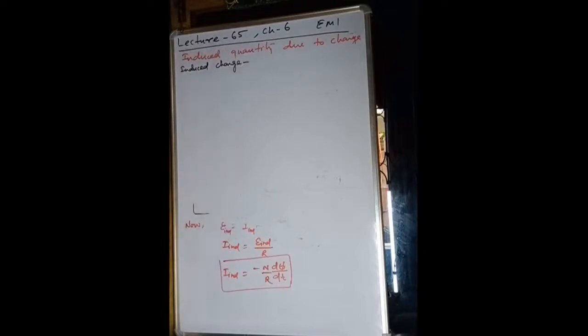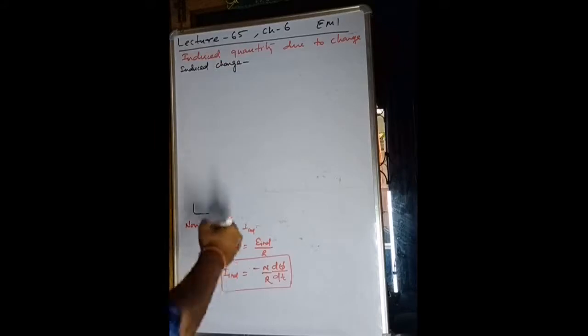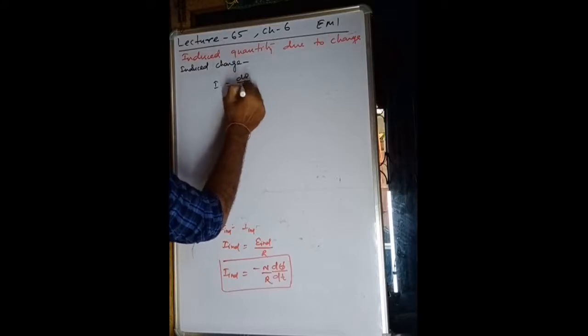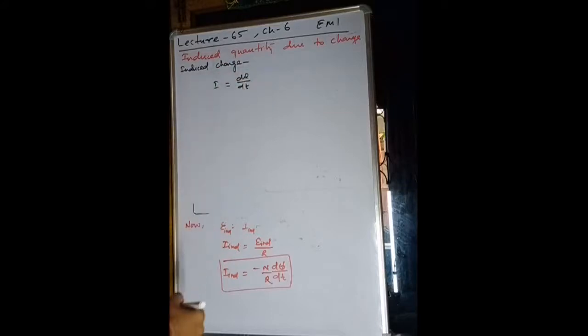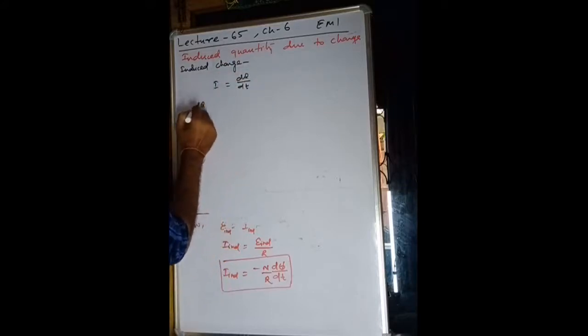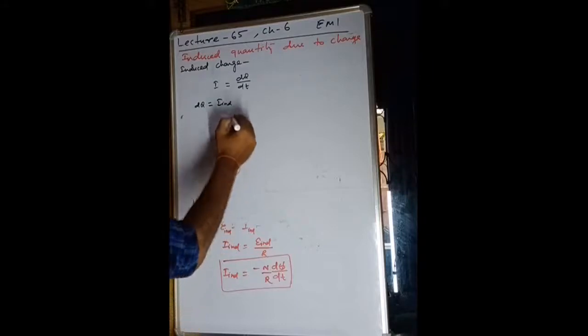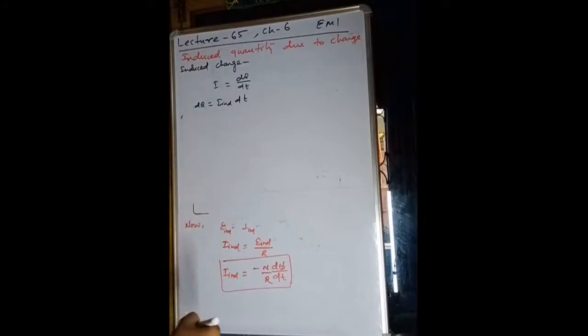What will happen to the induced charge here? As you know that I is dq by dt. Am I right? Yes. So this dq can be written as I dt, of course, which type of I? It is the induced current, times dt, and we know that I induced is N by R d phi by dt.